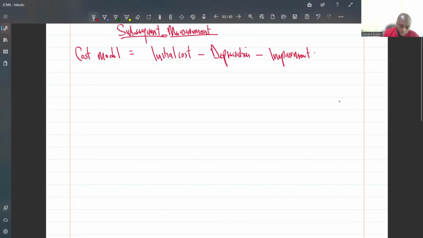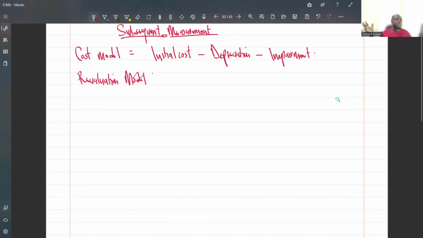All right. So what about the revaluation model? This has been the model where students or even professionals sometimes have challenges because of the things that we have under it.